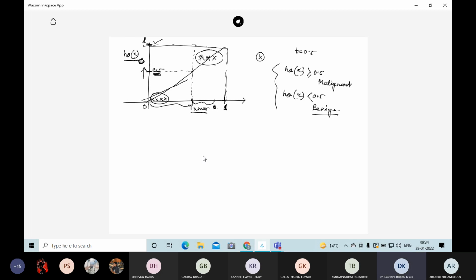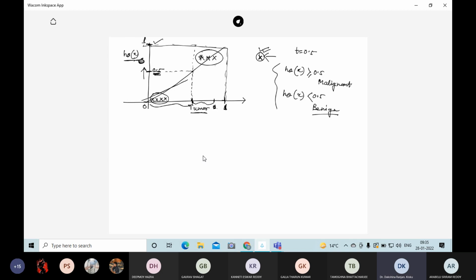For these training examples, what would be the possible best fitting line? Suppose this is a new training example, and this point has been plotted over here.